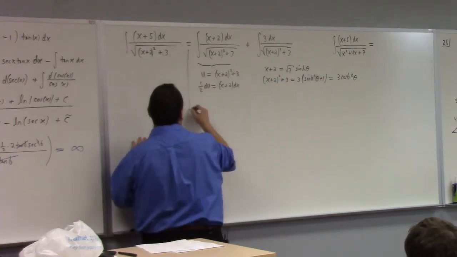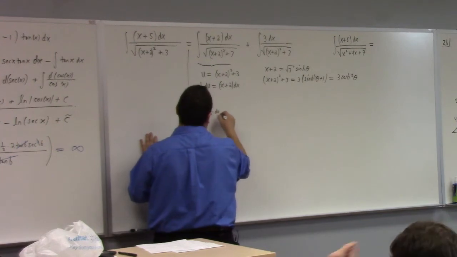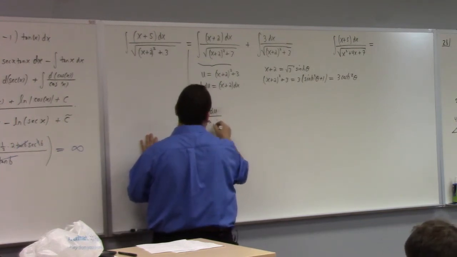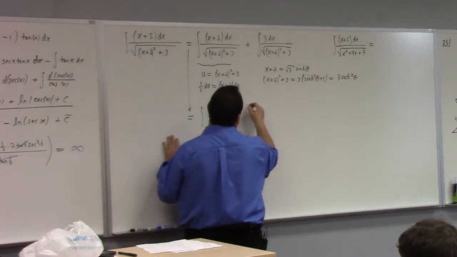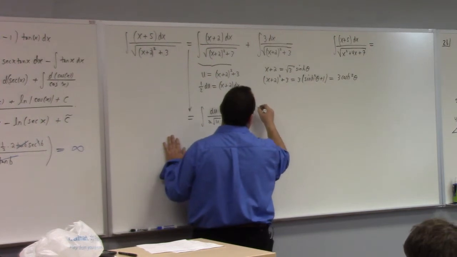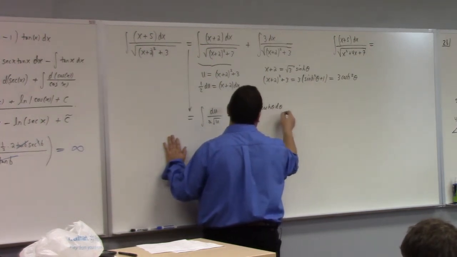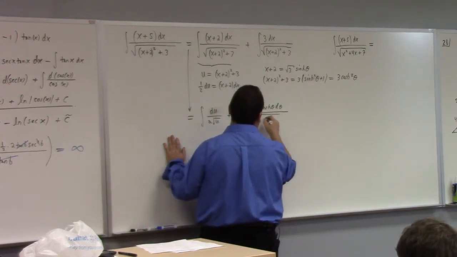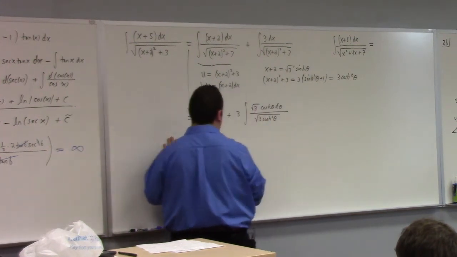And so that would give me the integral of du over 2 root u plus 3 times the integral of root 3 cosh theta d theta divided by the square root of 3 cosh squared theta. Of course, then the cosh's cancel.